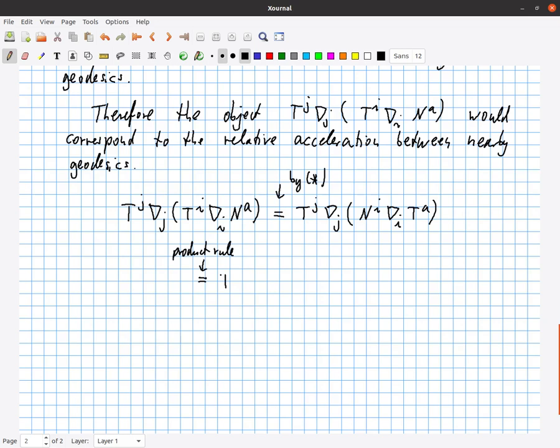This means we get T^j, I'm now using brackets to indicate this, so the covariant derivative hits the n^i first: ∇_j n^i, ∇_i T^a, plus T^j n^i ∇_j ∇_i T^a.